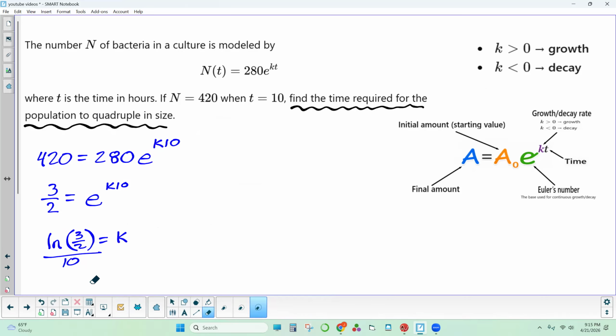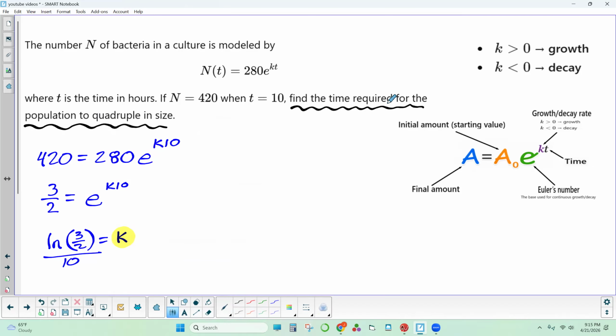I'm going to leave my rate just like that. I don't want to round it. You can round it, it's definitely okay to do. But for this example, I'm just going to leave it like that and input it into my final calculation as natural log of 3 halves divided by 10. So that's our rate. Now that we know our rate, that's k.